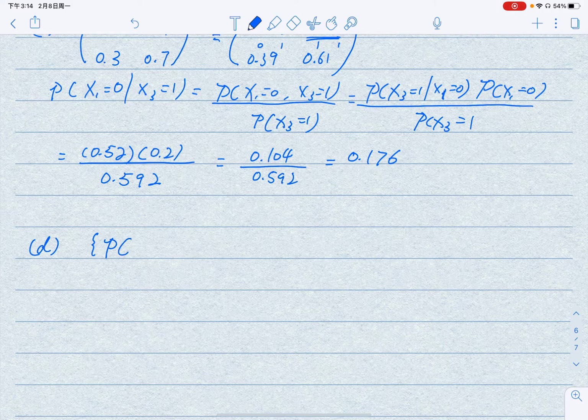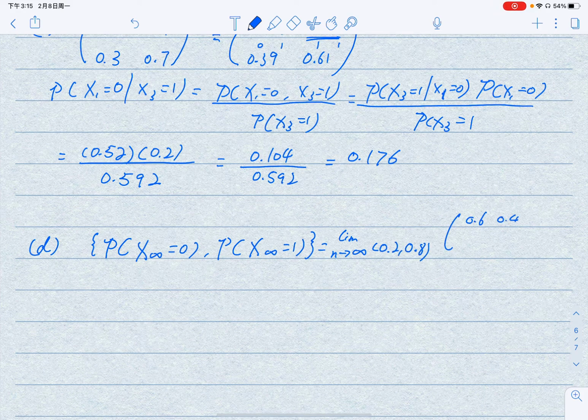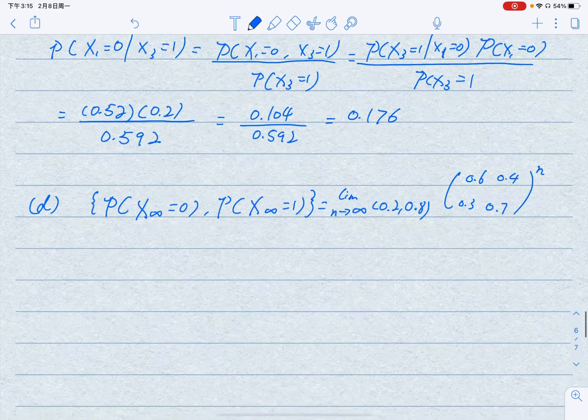Question D is also the same, but instead of n, we have infinity. So the probability for X infinity equals to 0, and the probability for X infinity equals to 1, is when n goes to infinity, 0.2, 0.8, times the matrix n times.